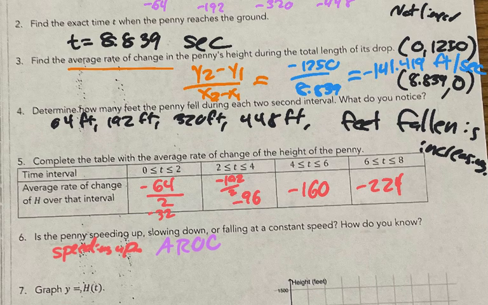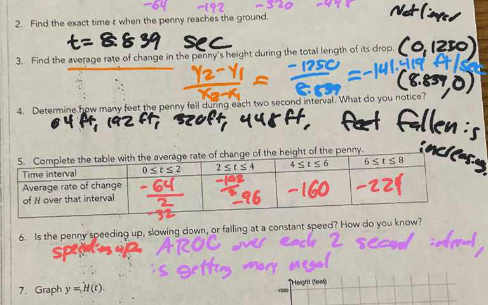They said the average rate of change over each 2-second interval is getting more negative, which means it's getting faster.